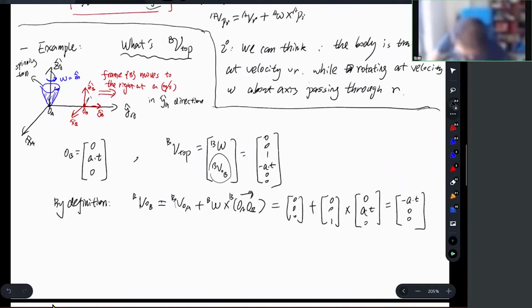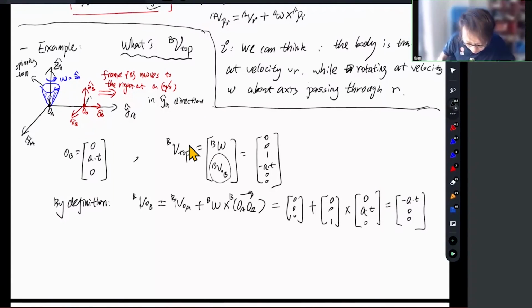In the chat area, a student asks why, in this example, V_OA in B is 0, when B is moving. That's an interesting question, and that's why I think it's worth the time to go over this in detail.